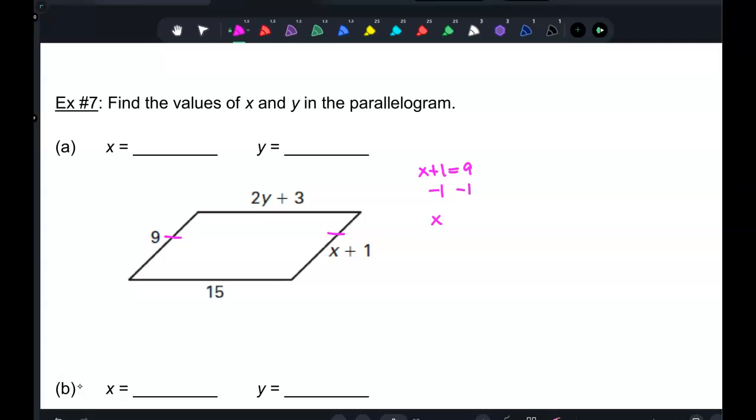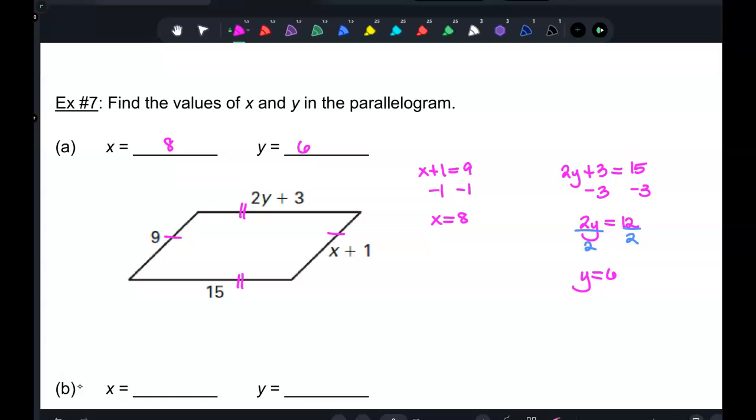So what's x equal? 8, good. And then we know 2y plus 3 has to equal 15, so when we solve, we get 2y equals 12. Divide both sides by 2. y is 6.